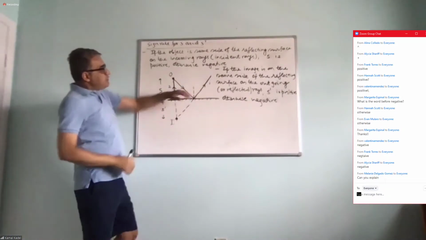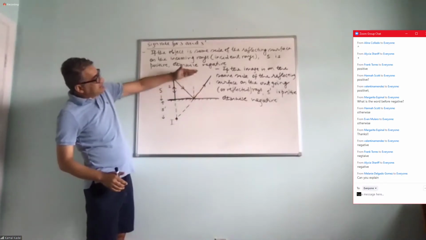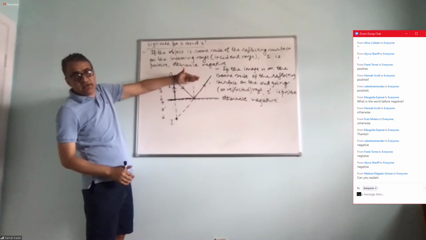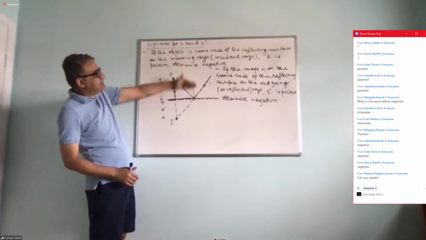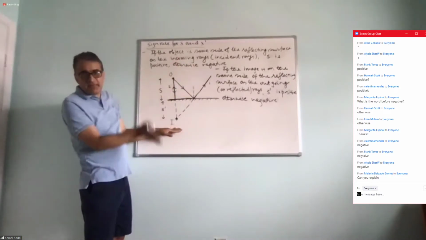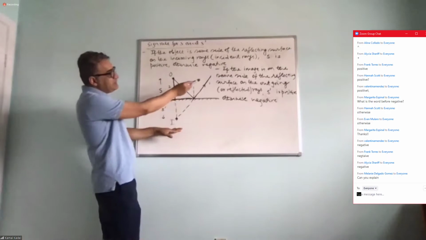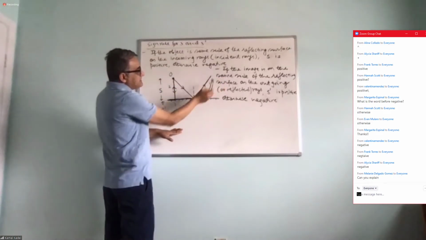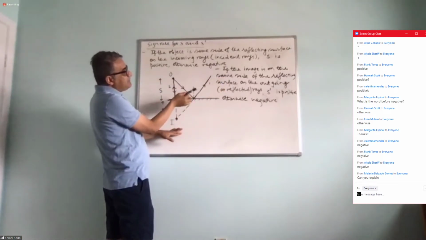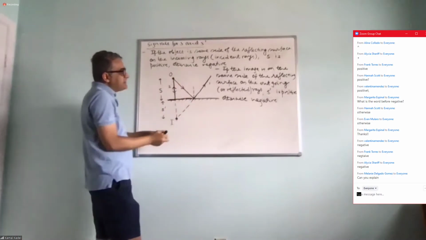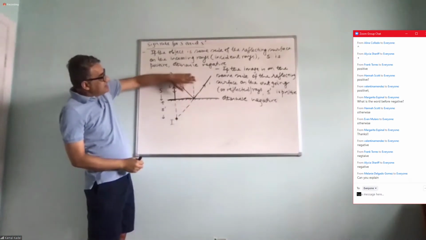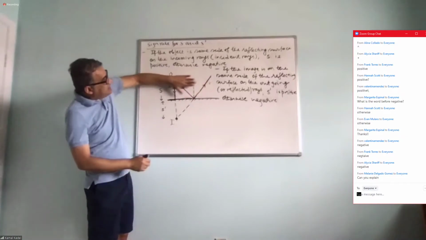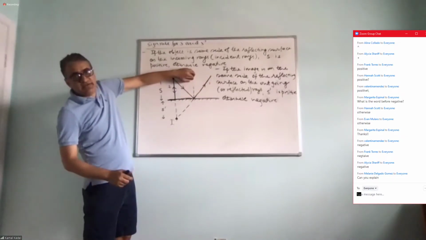So the outgoing rays are on this side, the reflected rays are on this side. However, the image is on the opposite side. If you see very carefully, if the image is formed on the same side of the reflecting surface as the outgoing rays, then it will be positive.